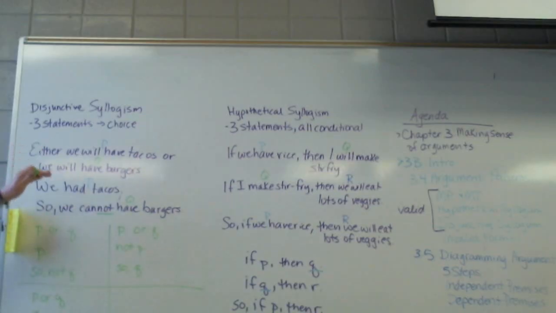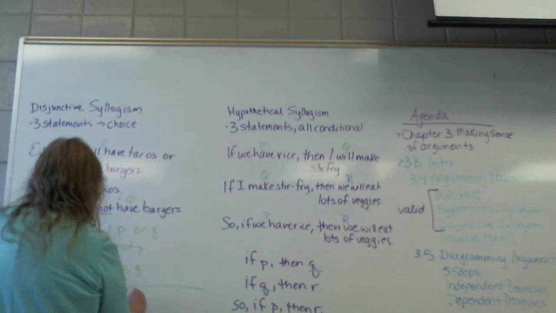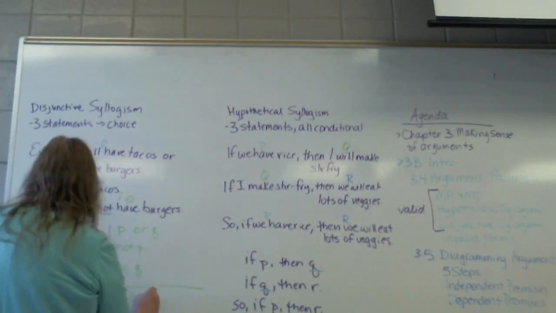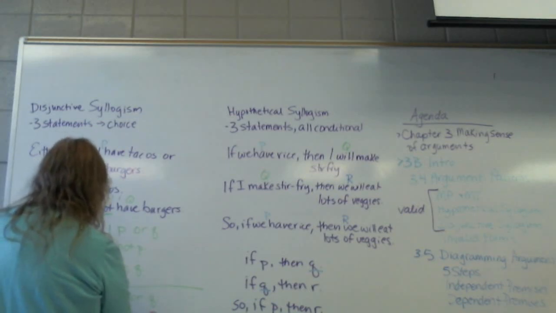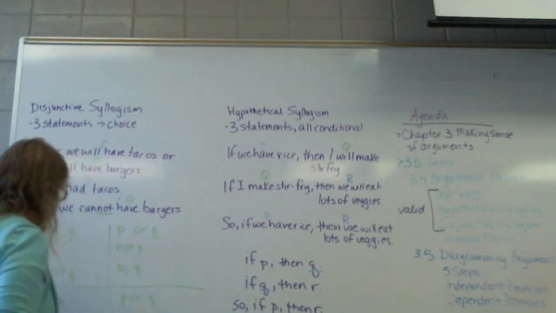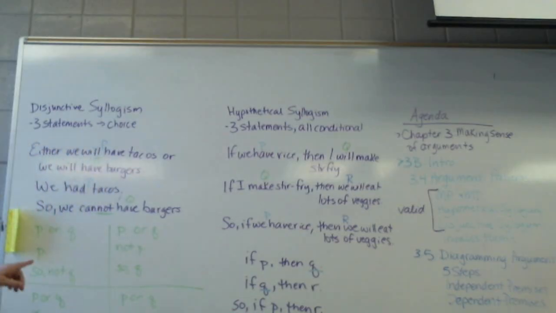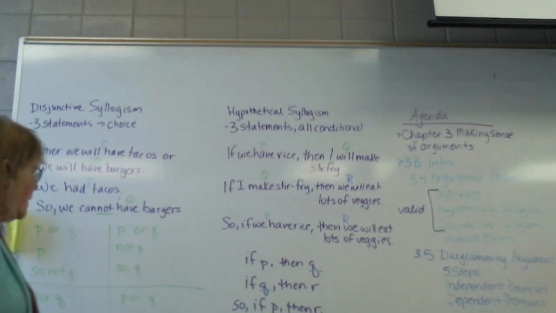Okay, just make sure your P's and Q's follow from what you actually have, okay? So P or Q again, last one, not burgers, so tacos. So in each of these, we have to have 1 yes and 1 no. That's our choice, yes or no, we can't have both, okay?